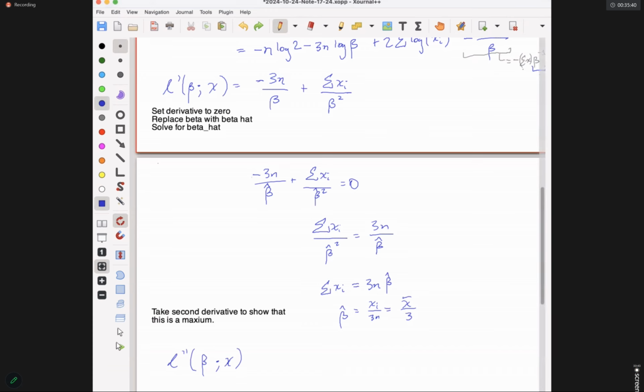Yeah, okay. So we can write it that way. Negative 3n beta to the negative first plus sum of xi's beta to the negative second. And then what's the derivative of that?